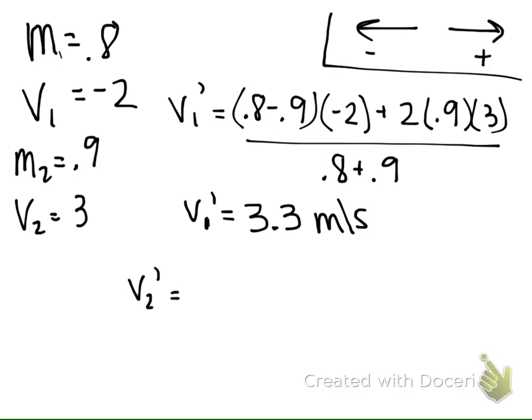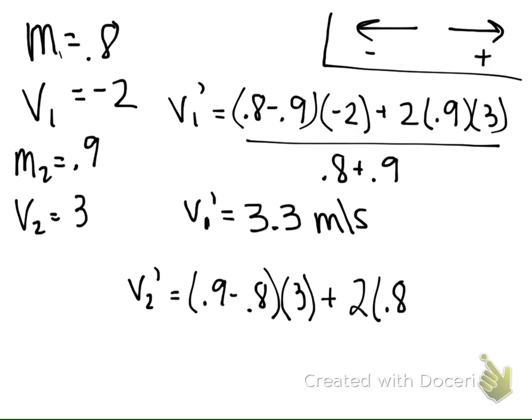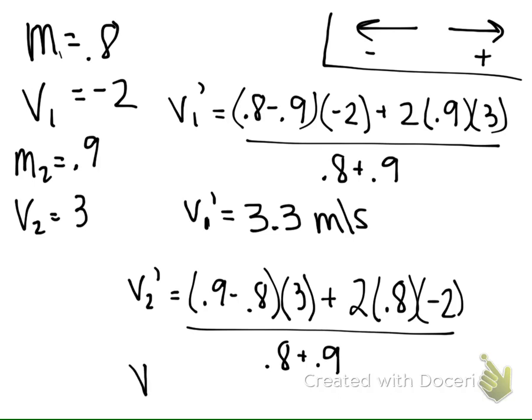All right, so to solve for v sub 2 prime, we're going to take m sub 2 minus m sub 1. All right, so what do we get for v sub 2 prime?